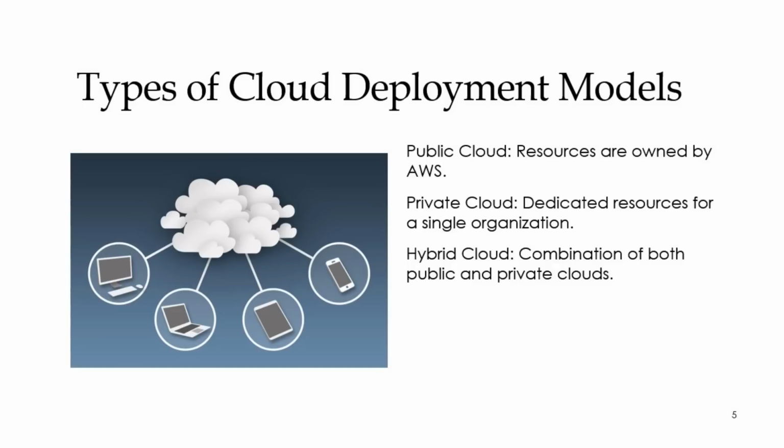For businesses that need the best of both worlds, AWS offers a hybrid cloud model. This model combines your on-premises infrastructure with AWS resources, allowing you to leverage the cloud for specific workloads while keeping sensitive data on premises. It's like having a pizza oven at home, but ordering some specialty ingredients from your favorite restaurant. You get the flexibility of both options.